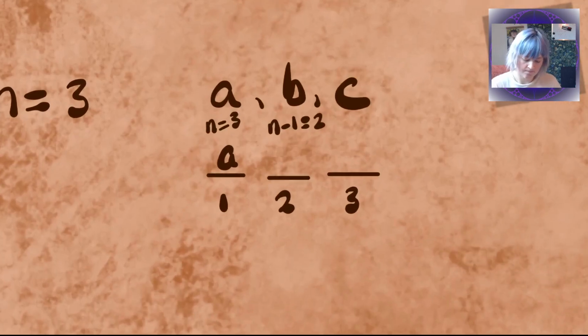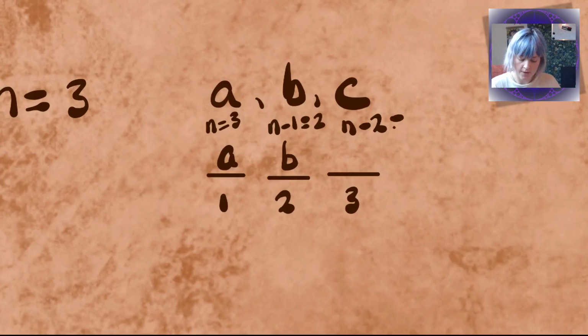And so here I am going to choose B. And then for the third position, now I have n minus 2 options. Okay, so the only option in this case is C.